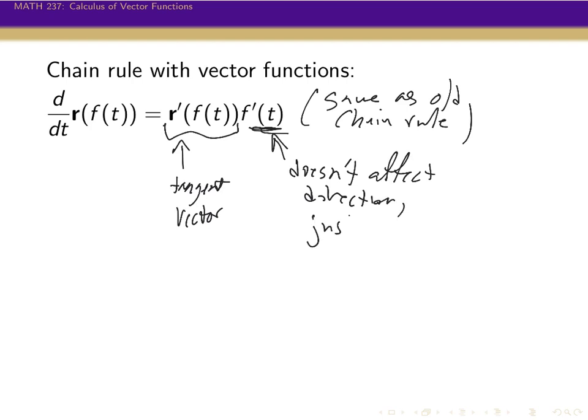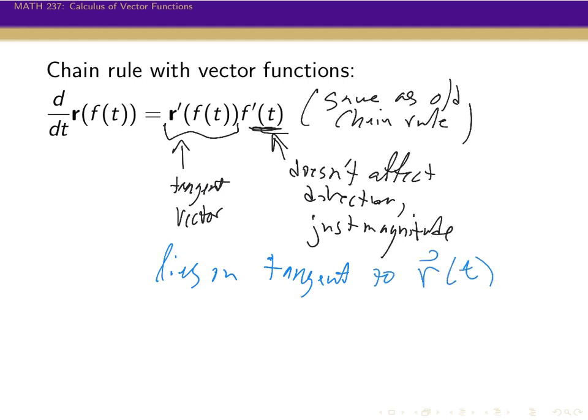Just magnitude. So at any point, changing these parameterizations is not really changing the direction of the tangent vector. Unless it's negative, then it would just be flipping it in the opposite way, but it's still lying on the same tangent line as r of t. And so it lies on the tangent line to the curve. But the magnitude is different.